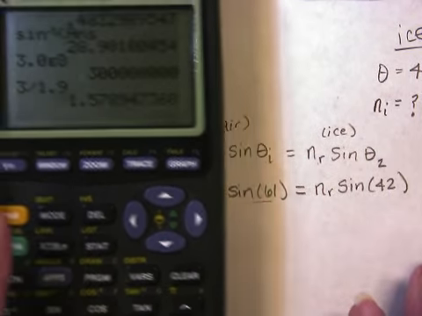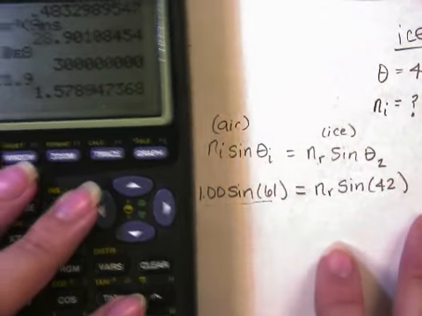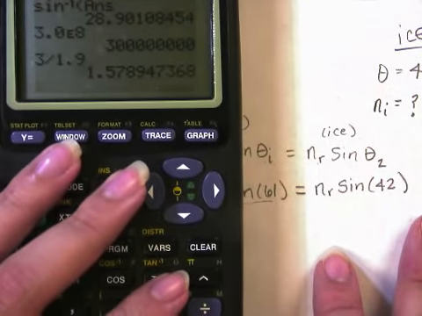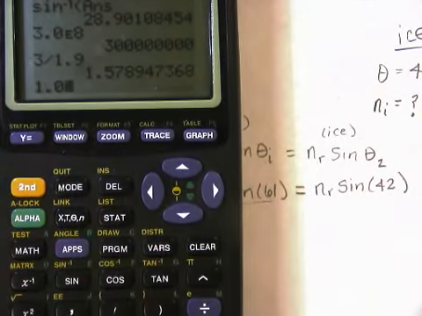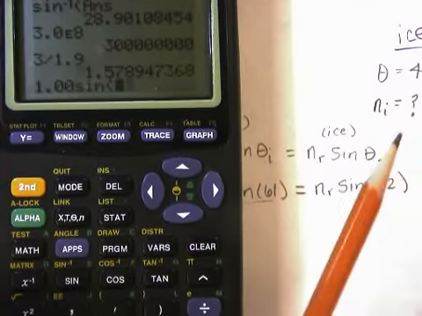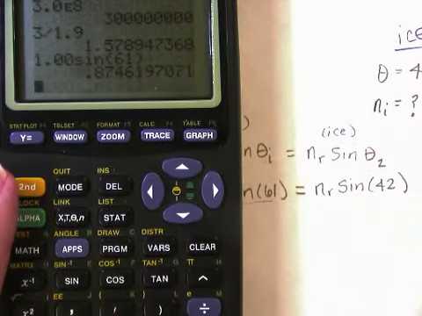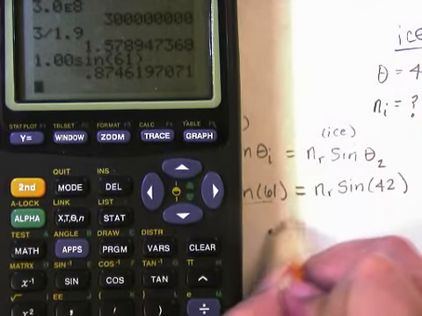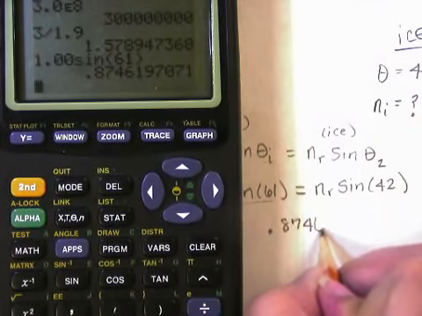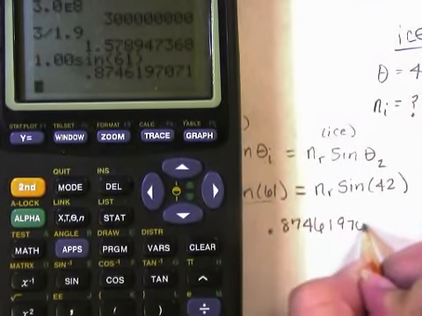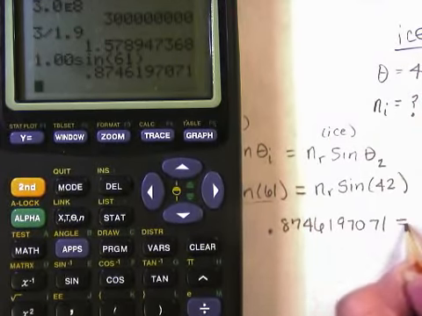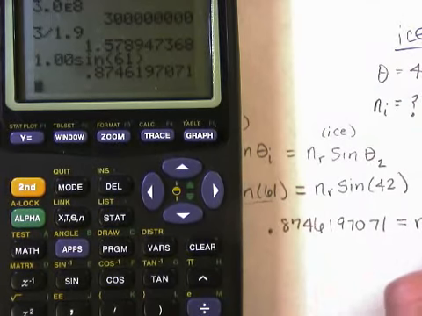All I'm going to do is type it into the calculator just the way it appears in my calculations. So 1.00 times the sine of 61 degrees, close the parentheses, and I get 0.8746197071 equals n_ice times the sine of 42.